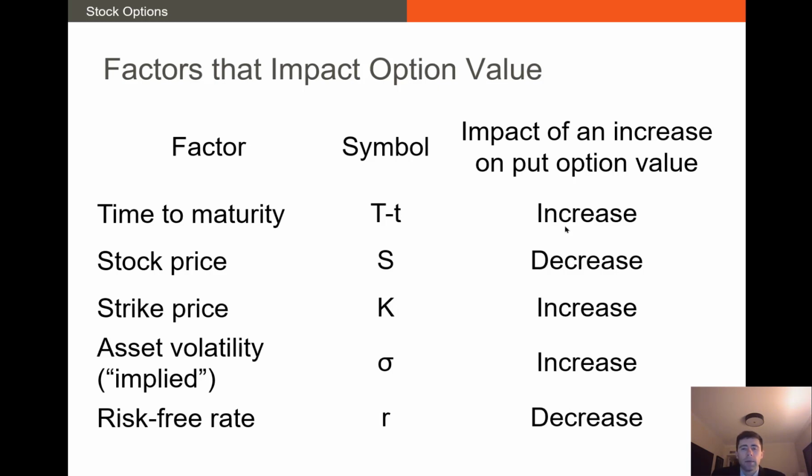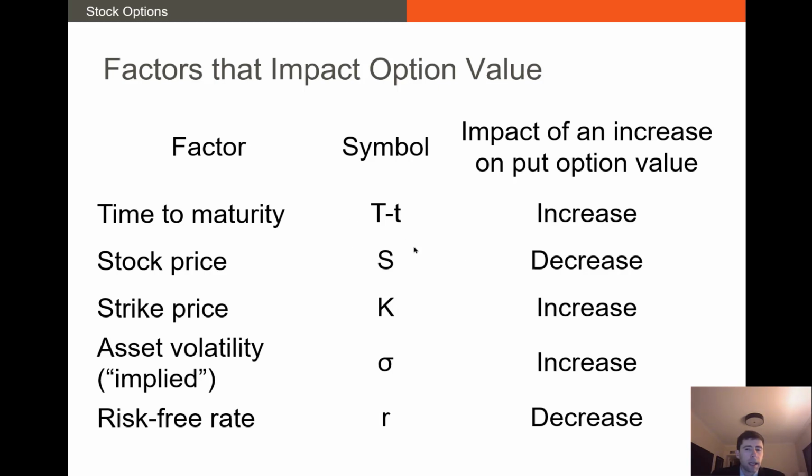Okay, now you can actually value a put option using the Black-Scholes option pricing model and the put-call parity formula, which I'll touch on in a second. But basically, a lot of these factors are similar. So the time to maturity, you have more time to be in the money with a put option, so there's a positive relationship between time to maturity and put option value.